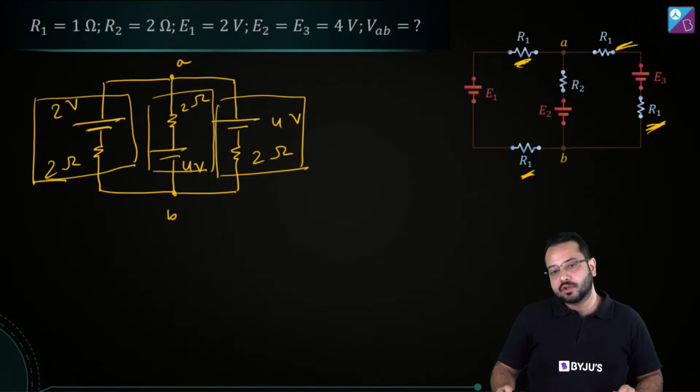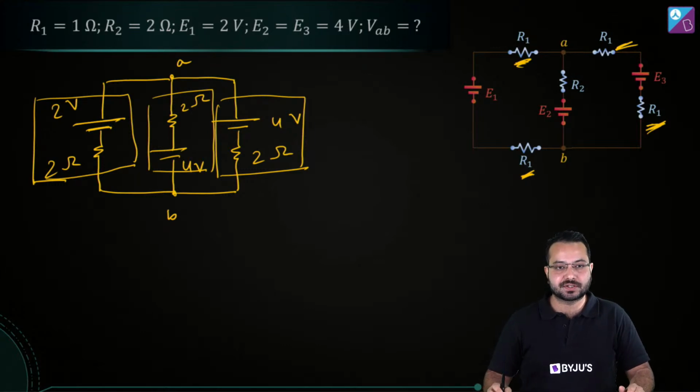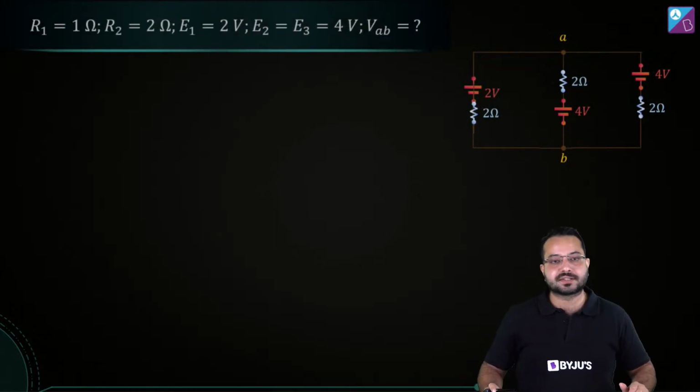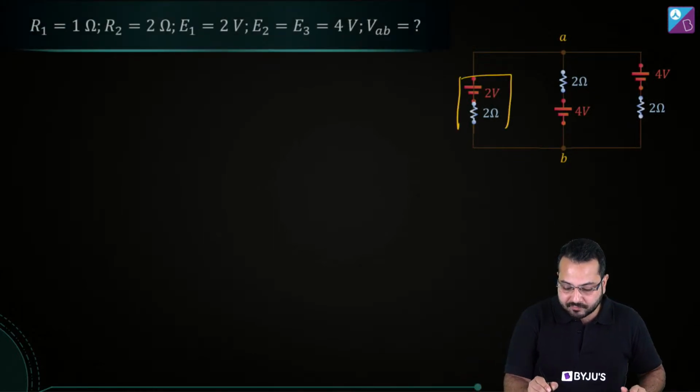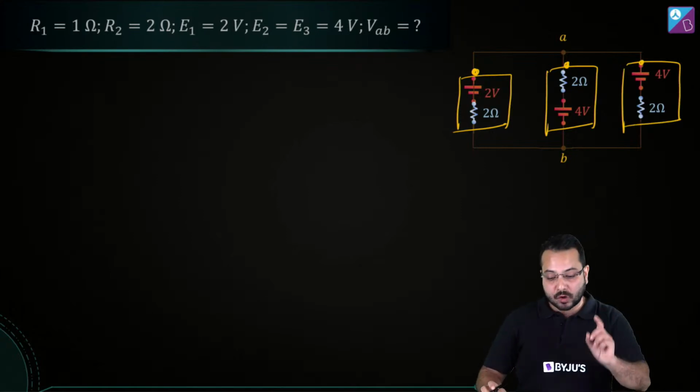All right. So I'm going to approach them as batteries with internal resistance. Now if we do that, the circuit is going to be simplified like this. This is a battery, this is the positive terminal, this is the negative terminal; this is a battery, positive terminal, negative terminal; this is a battery, positive terminal, negative terminal.